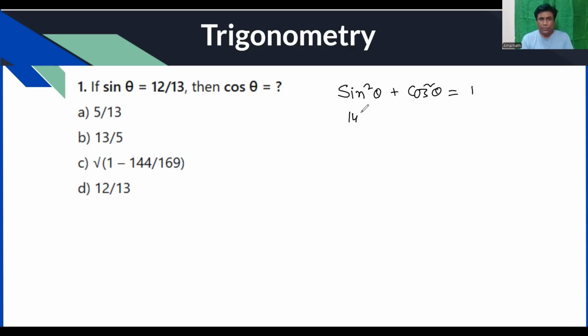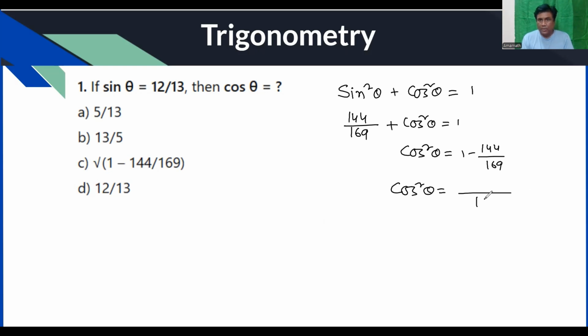So it will be 144 by 169 plus cos square theta equal to 1. So cos square theta equals 1 minus 144 by 169. So cos square theta is equal to 169 minus 144 over 169, and that is 25 only.